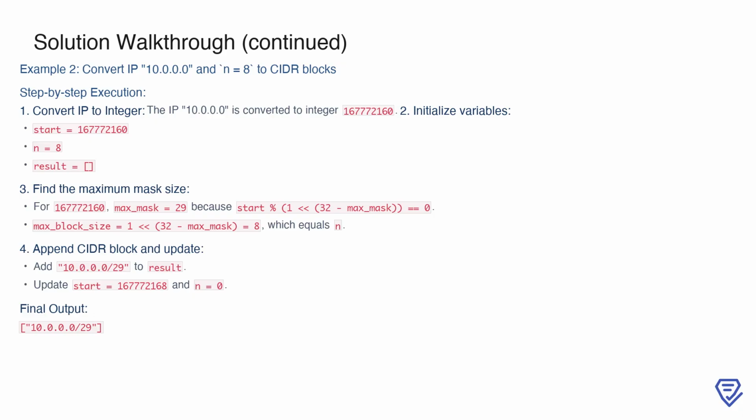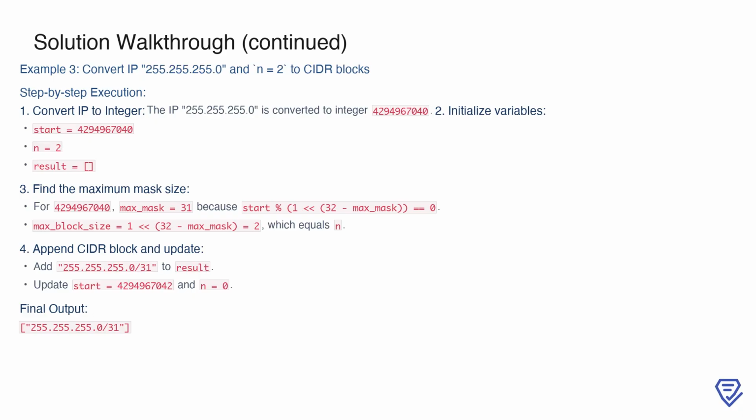We then append the CIDR block 10.0.0.0/29 to the result list. Since the entire block size equals n, we update start to 167772168 and reduce n to 0, ending the process. The final output for this example is the list 10.0.0.0/29.